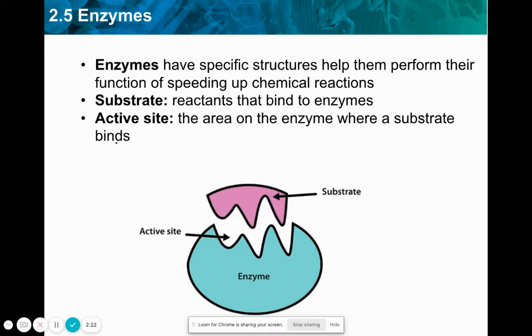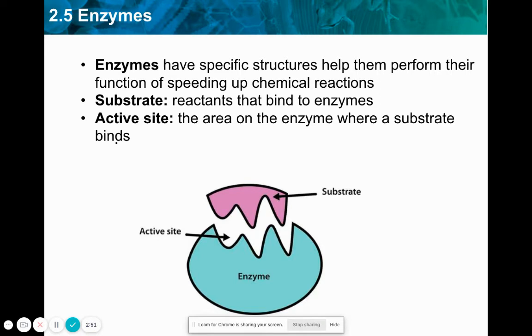You'll notice that an enzyme has two parts, the substrate and the active site. Okay, so the substrate is the substance or the reactant that binds to an enzyme. So whenever you are having a chemical reaction, you want a starting molecule to turn into a finalized or finished molecule.